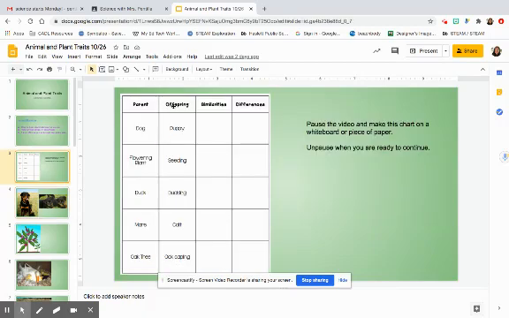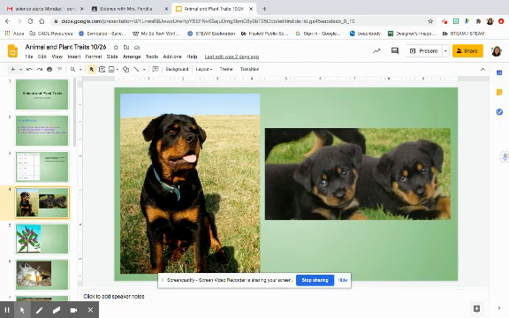It doesn't have to look just like this. You could just write dog, puppy, something that looks similar, something that looks different across your paper, just so you have a tracking of what it might look like. So, taking a look at these, what do you think?